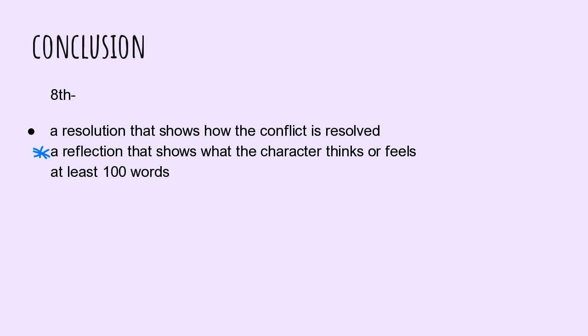This should be a natural part of your story where the character, whether you're writing in first, second, or third person, reflects and you show how the character has grown and changed as a result of your narrative, okay? So, a reflection where you are showing within your story how the character thinks and feels and how they have changed as a result of your narrative, okay?